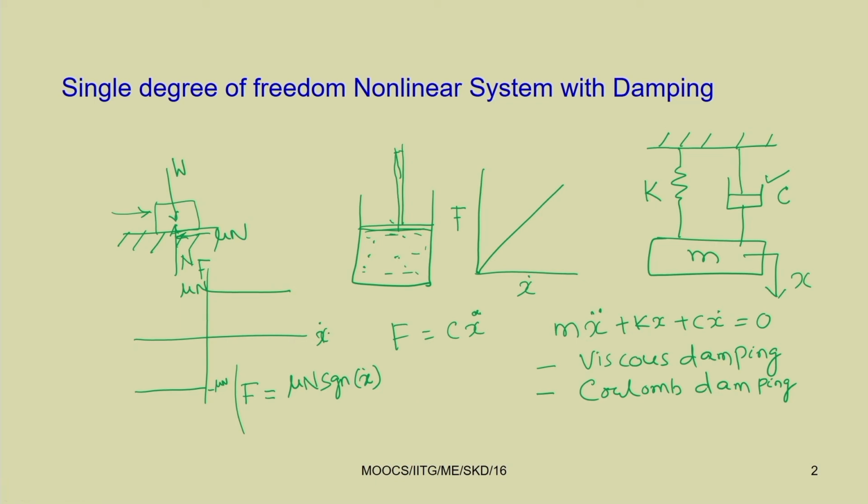So, it will have two values. When the velocity changes from minus to plus, it will be subjected to a jump, from minus mu N to plus mu N or from plus mu N to minus mu N.